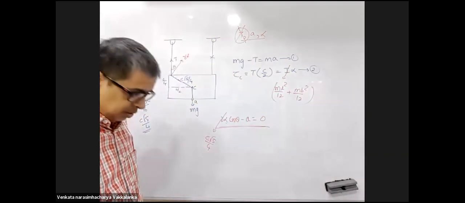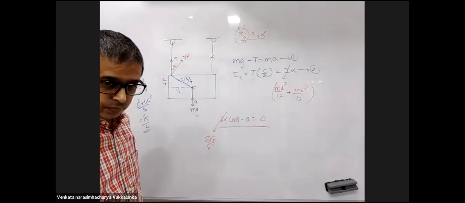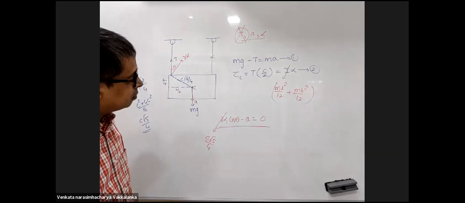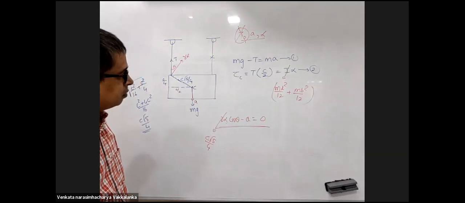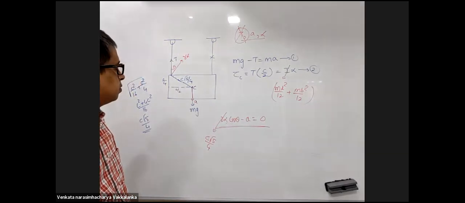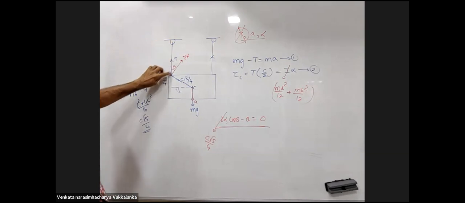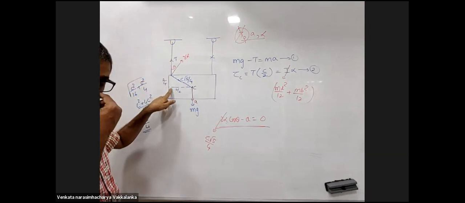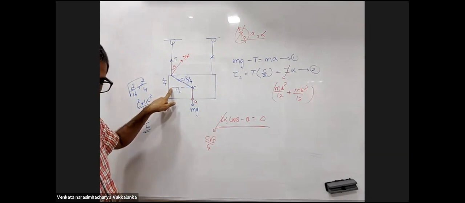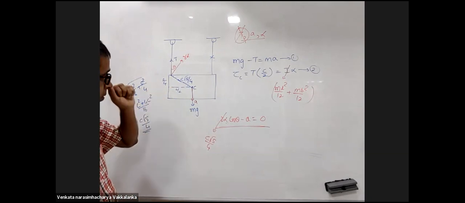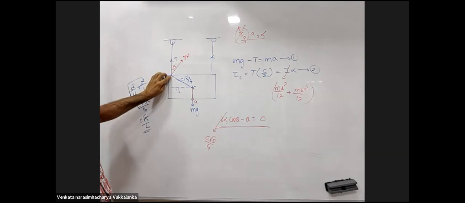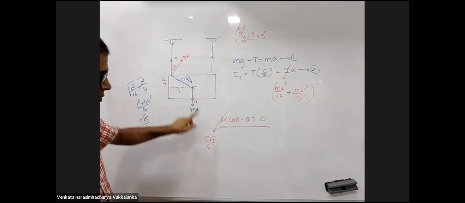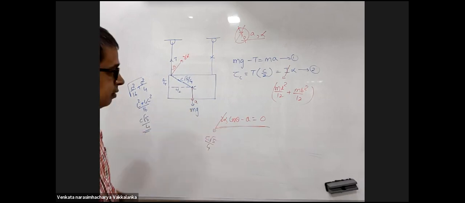Sir, I have some doubts. Yes, bolo. I didn't understand the constraint part, and why did you take C by 2 and not C root 5 by 4? Extend the line of action of the force and drop a perpendicular on it. How much will you get the perpendicular? Okay, sir. And I didn't understand the constraints. Acceleration of this point with respect to center of mass is R alpha.